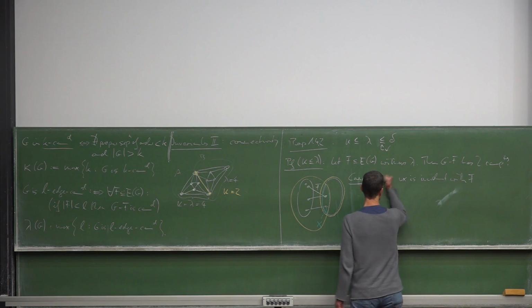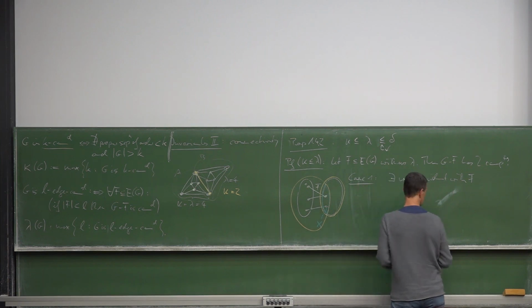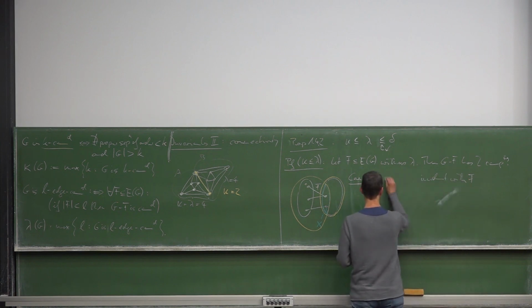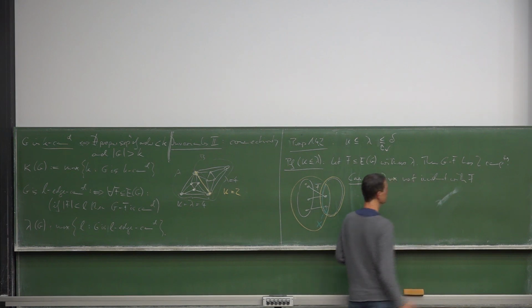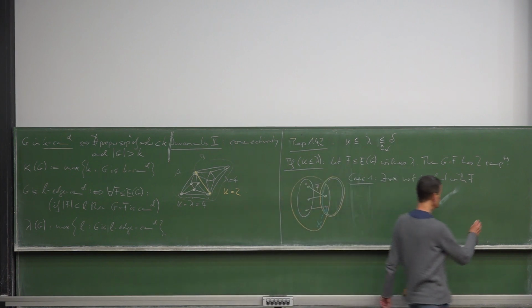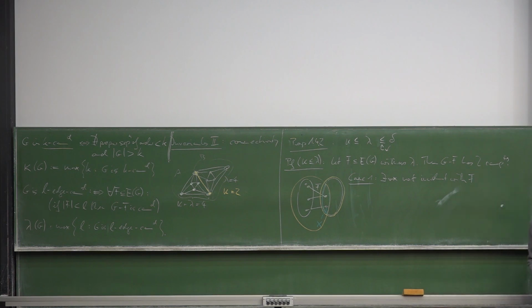So let's say there exists a vertex not incident with F. That case we have done. Why? Well, we can choose this vertex first, and then look at G minus F. G minus F is disconnected, and as we saw earlier, it has exactly two components.